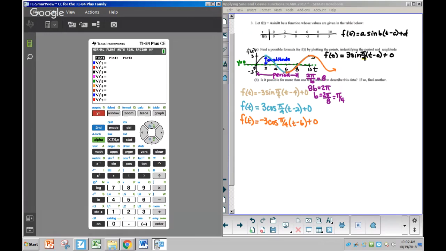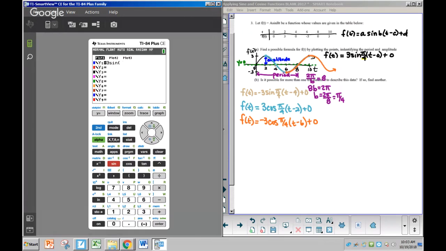All right, so we're going to go to y equals, and we're going to type in our first equation, which happens to be 3 sine pi over 4 t. Okay, now we're going to type in 3, and then we type in sine. What happened at this moment when I pressed the sine button?